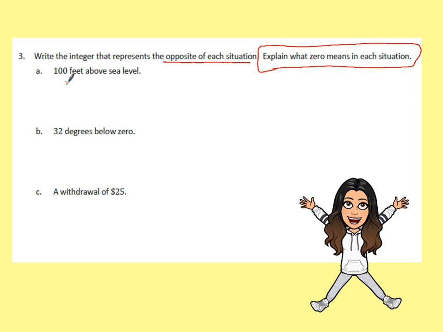So if this is 50 feet above sea level, is that a positive or a negative? Right, it's positive, right? So if this is positive, what's the opposite? Negative 100. And then what does 0 represent? Well, in this case, 0 is sea level.